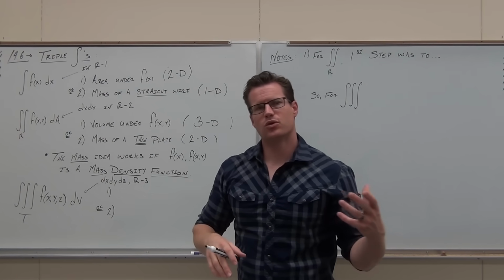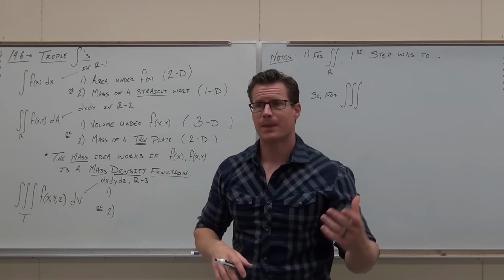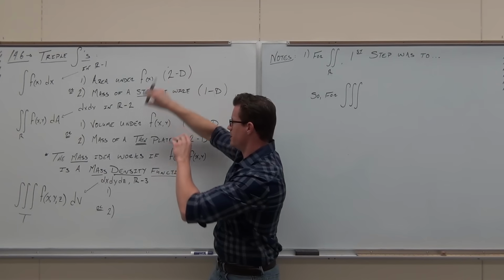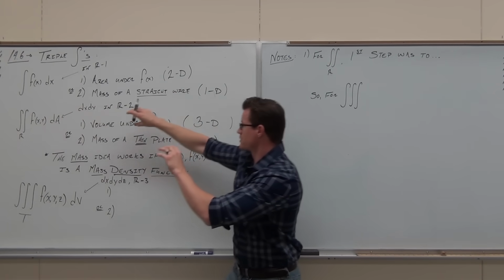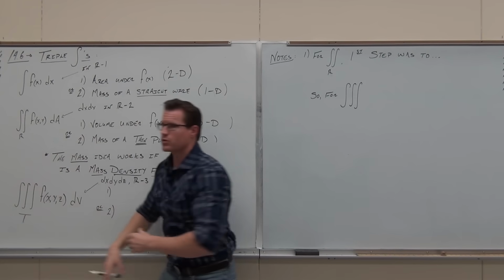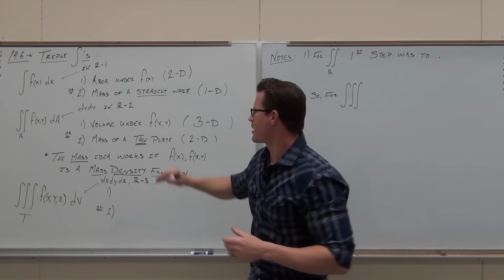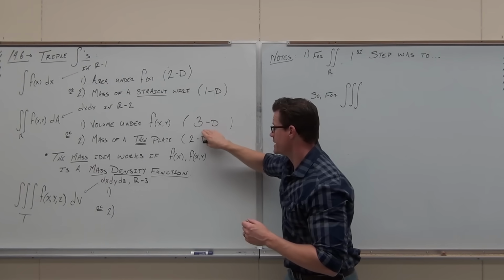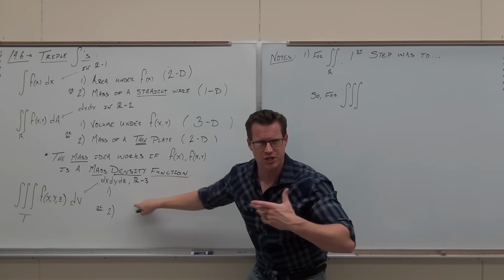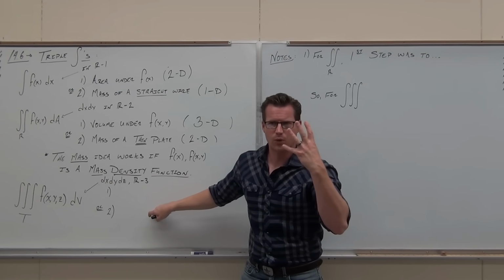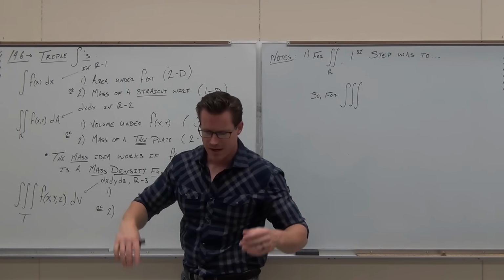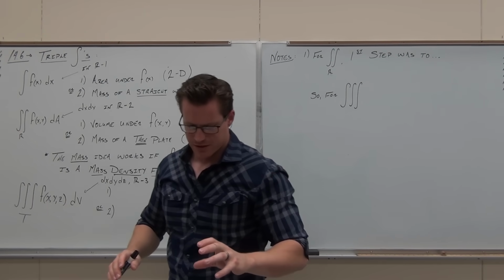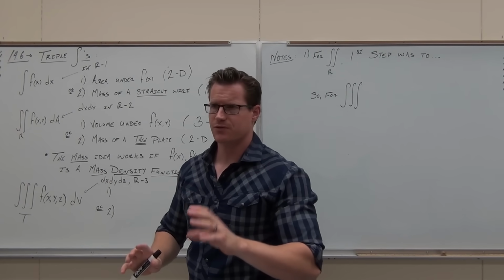Well, the triple integral can still give us two things. Just like this integral can give us area, just like this double integral can give us volume, this triple integral could give us a measurement, but here's the problem. If this area is in 2D and this volume is in 3D, this measurement of region is going to be in 4D. So it could give us some measurement of this region under f of xyz, but it's a 4D concept.